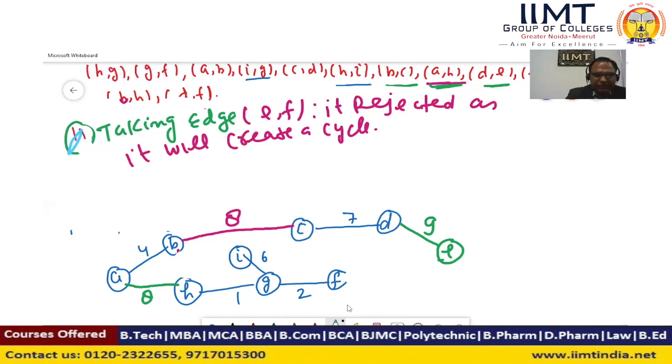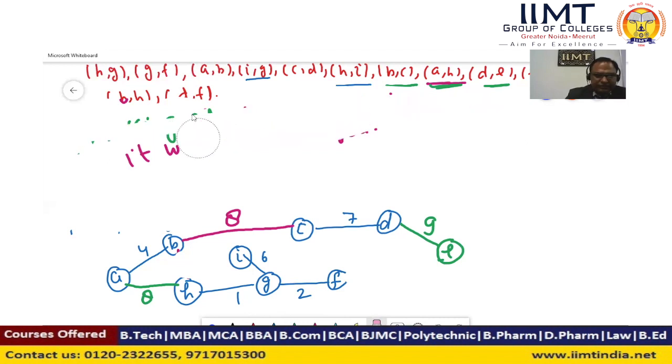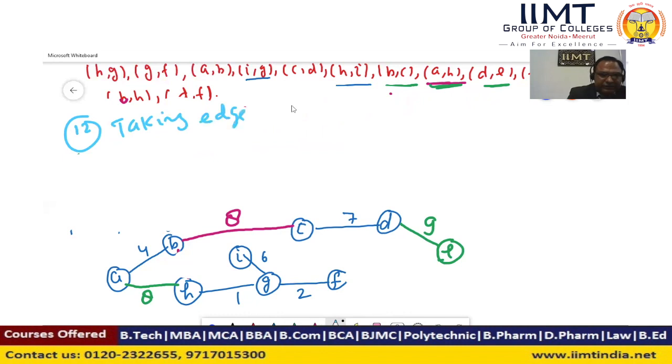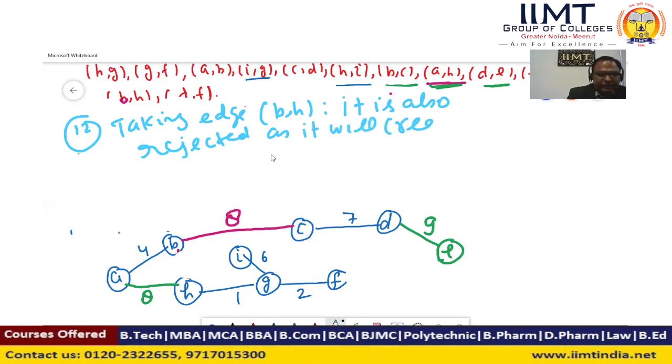So now in step number 12, taking the edge B comma H, it is also rejected as it will create a cycle, and the graph will remain the same. There is no change in the output.